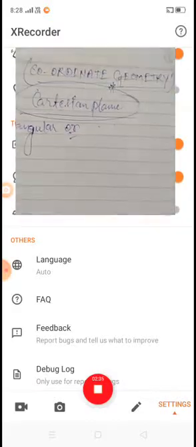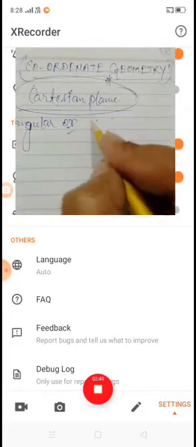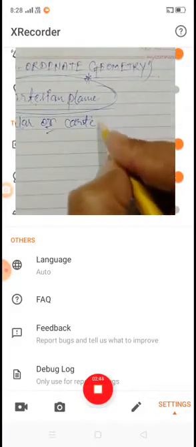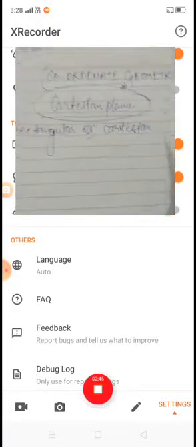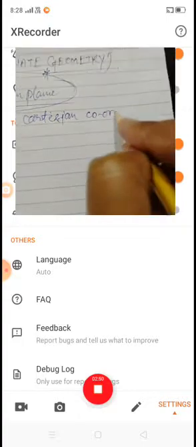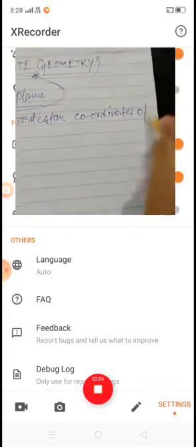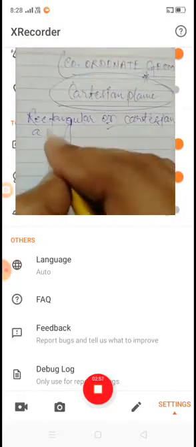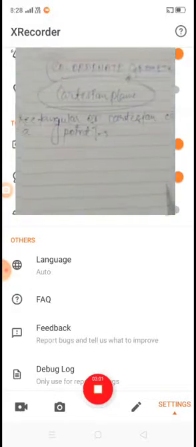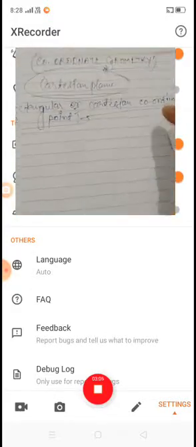Rectangular or Cartesian coordinates of a point.